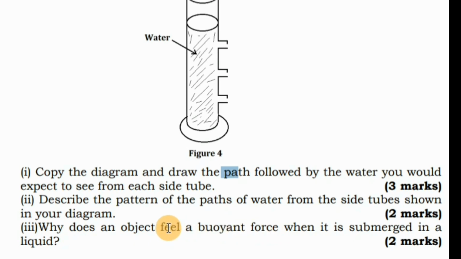And as you have seen, the pressure in the fluid is directly proportional to the depth. As you increase the depth, the pressure also has to increase, which means that as it moves deeper, there will be big pressure.